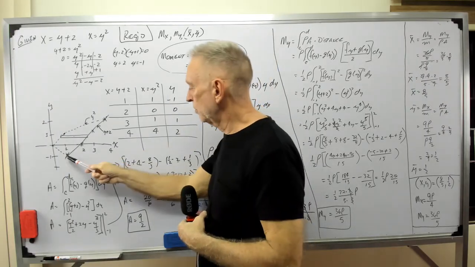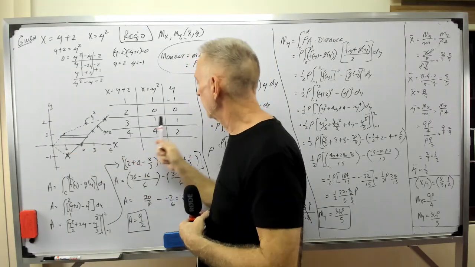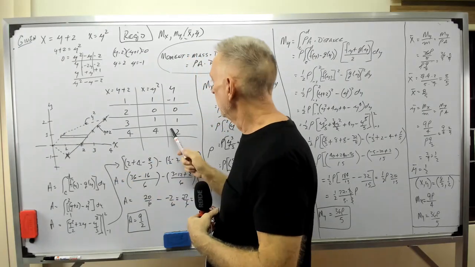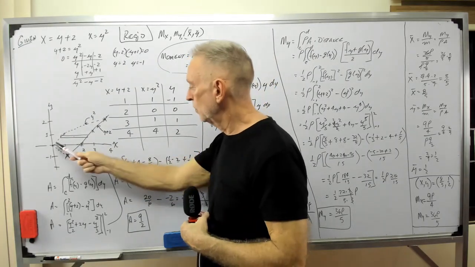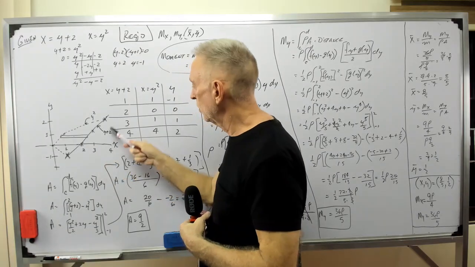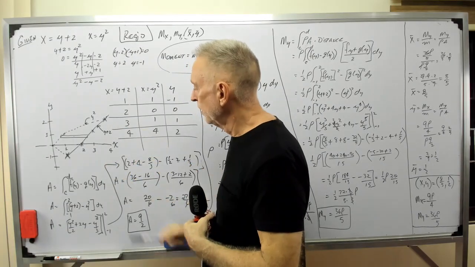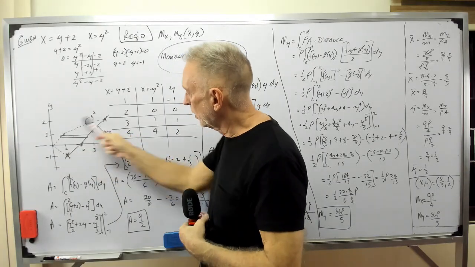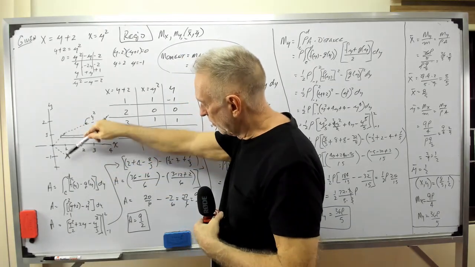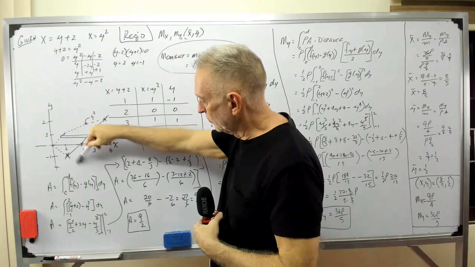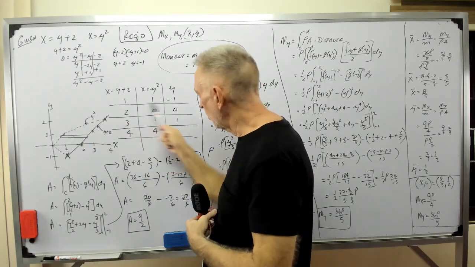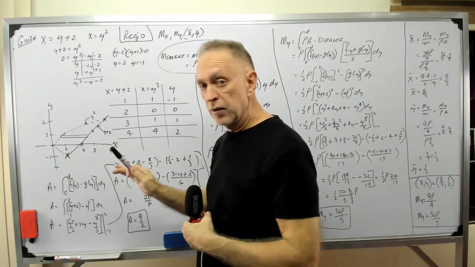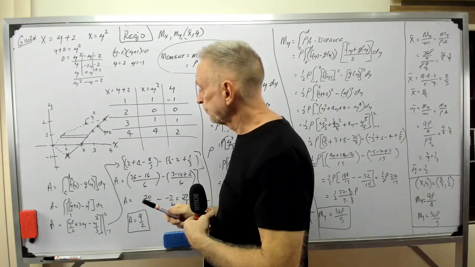Then I had 0, 0. That's this point here. Then 1, 1, so x is 1, y is 1. Then 4, 2. That's this point. That allowed me to say, okay, that's my y squared term. Obviously, if I had other values, it would go on out here and over there, but we're looking at the area bound by those two curves.